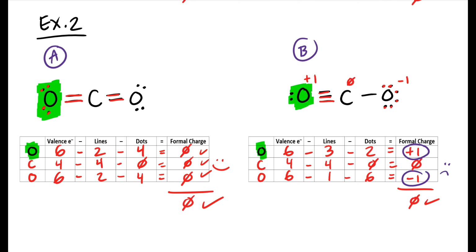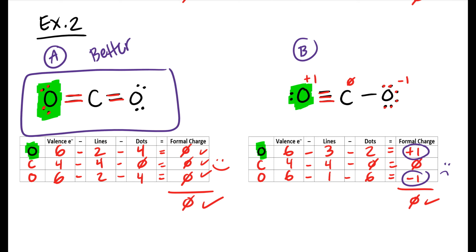We'd rather have formal charges of zeros, as we do here in structure A. So structure A is the better, or the more valid, structure. We would want to draw structure A rather than structure B, because in structure A, all the atoms have a formal charge of 0, meaning that we've assigned the correct number of electrons to every single atom.